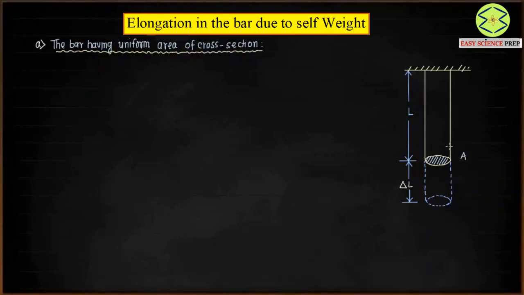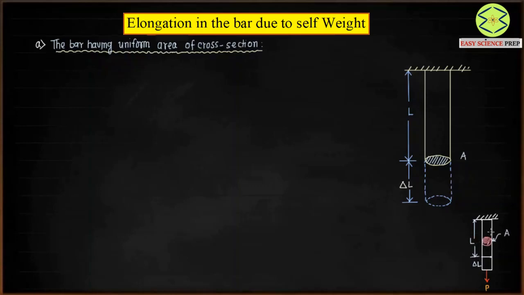So due to its own weight, it is going to undergo elongation. We have to find out the elongation due to its own weight when it is hanged vertically with the fixed support. Now if you look at a standard case, we are considering a bar whose weight is negligible, and if this bar is being pulled axially by a load P, there will be an elongation delta L in the bar.